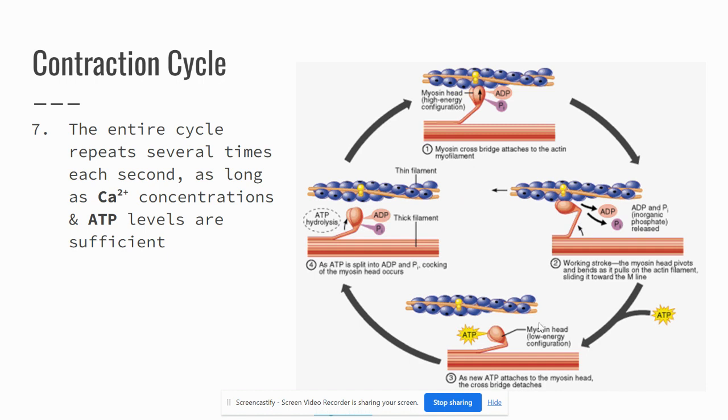As this actin filament is contracted, this myosin head needs to reset, and if there's ATP available, it is able to reset and connect to the next active site on the actin and continue to slide towards that M line and continue the contraction cycle.